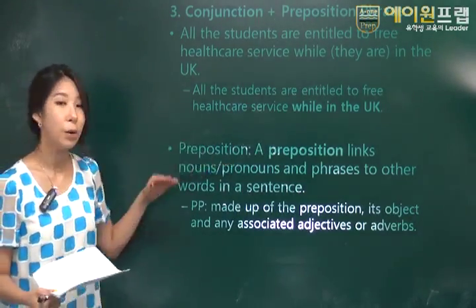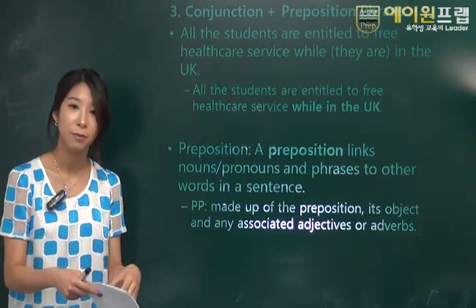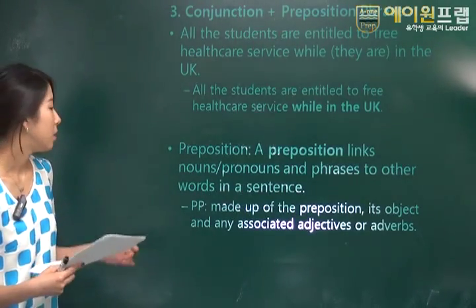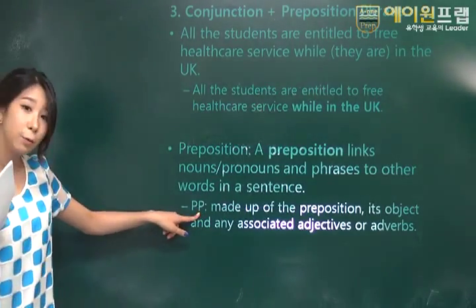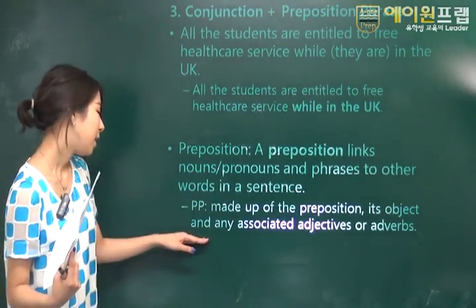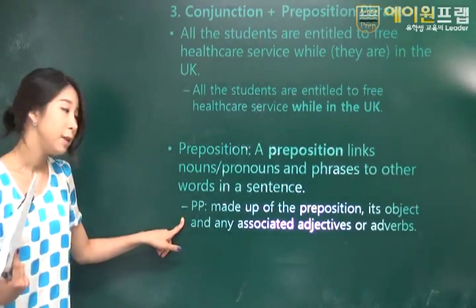The preposition is just a linking word, it can only link stuff, and it can't do as much as a conjunction does. A prepositional phrase, in short PP, is made up of the preposition, its object, and any associated adjectives or adverbs.